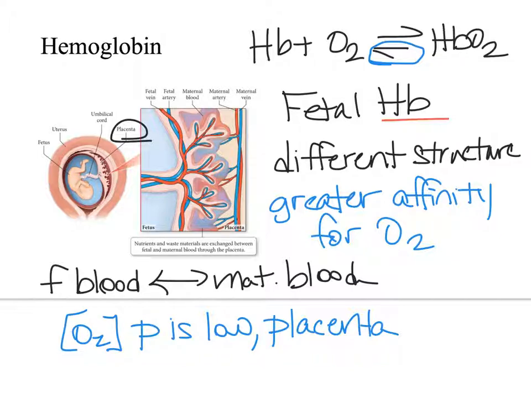All right, so that's going to drive the equilibrium back to the left, and the adult or the maternal hemoglobin will release the oxygen, and the fetal hemoglobin will pick that up. As I said, it has greater affinity for oxygen, so it holds on to it. And this is the way that oxygen is delivered to the baby in the womb.